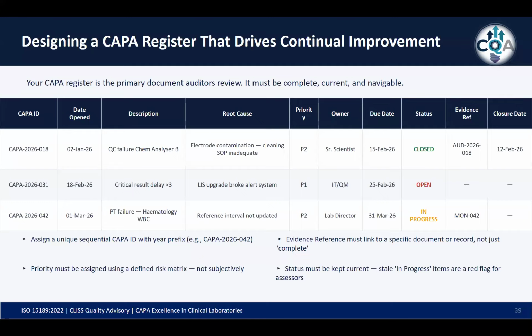Remember, we said you need to do risk-based prioritization of the NCs. Who owns the NC and the due date for that NC, the current status, and what evidence you have for closure, evidence that I need to go back to and check, and then on what date it was closed. So if you do it this way, then you'll be fully compliant and you are moving towards excellence.